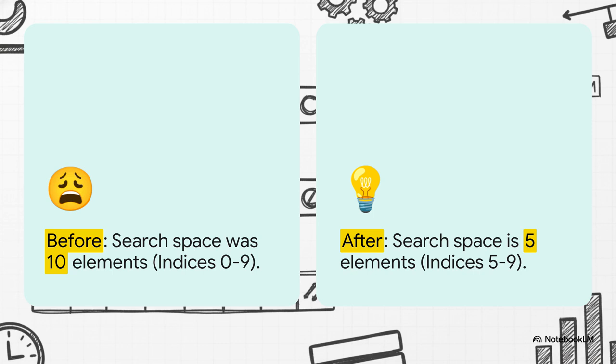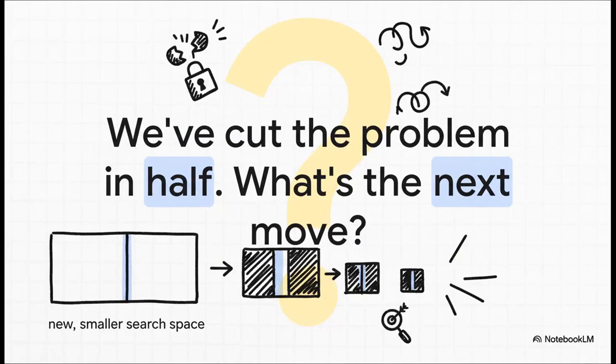This is so much more efficient. So what do we do next? You guessed it. We do the exact same thing again, but this time on our new, smaller search space. This technique of repeatedly slicing the problem in half is a classic detective move in computer science. It's called a binary search. We just keep repeating the process, narrowing it down until we've cornered our answer. The case is almost closed.